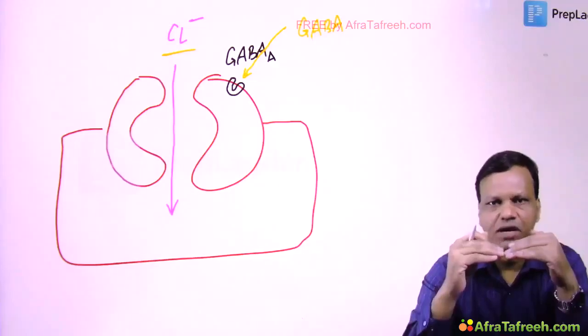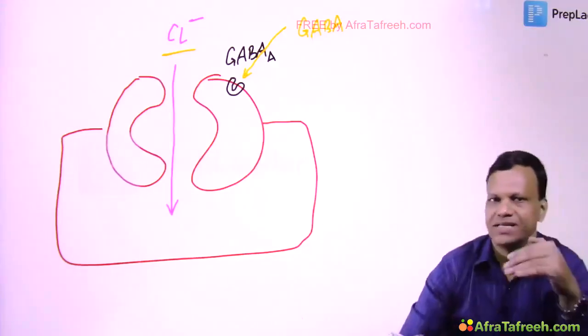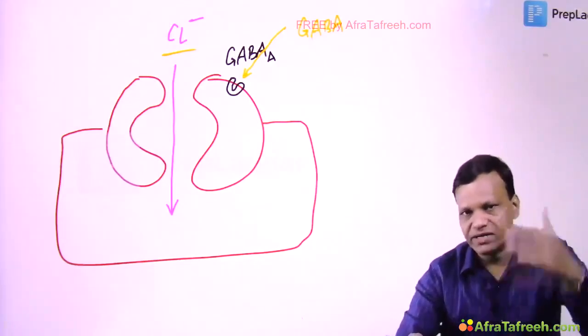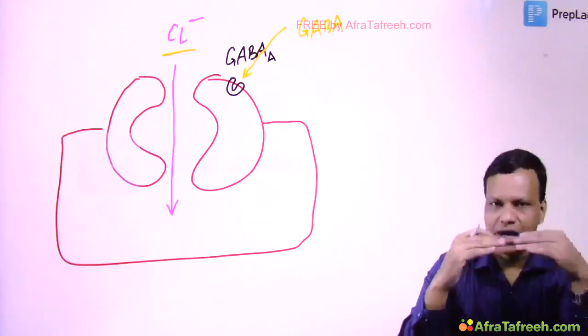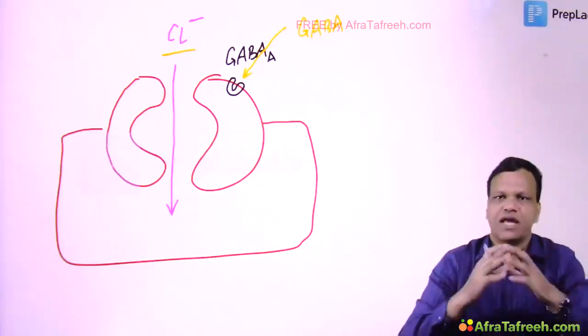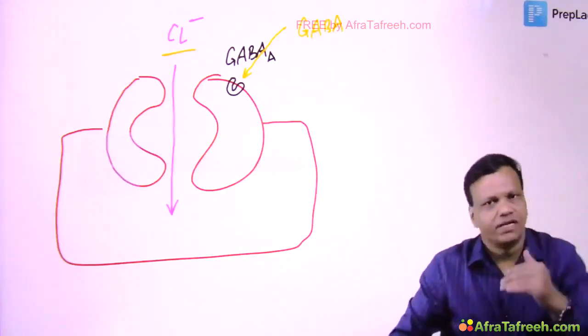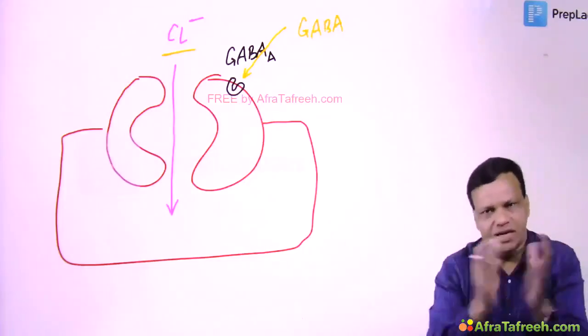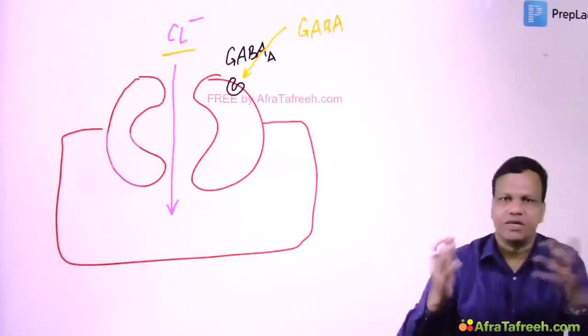Okay? So it goes from -70 to -80, -90, -100. More than normal negative resting membrane potential is called hyperpolarization. So the neurons get hyperpolarized. That means they cannot be stimulated. So the brain gets depressed. Is it okay? So very simple mechanism: GABA binds, channel opens, chloride enters, brain depresses.